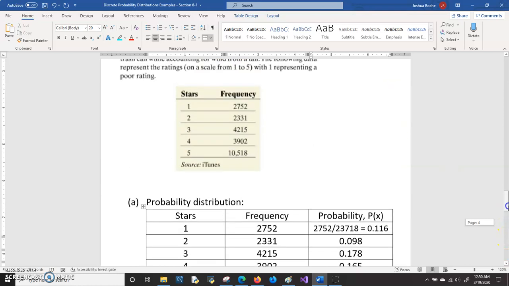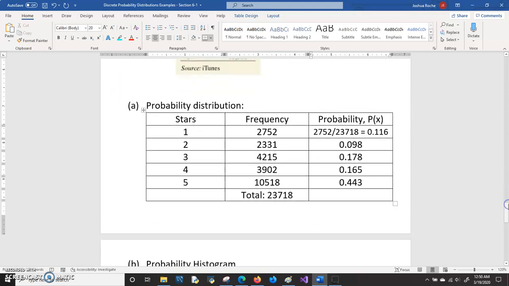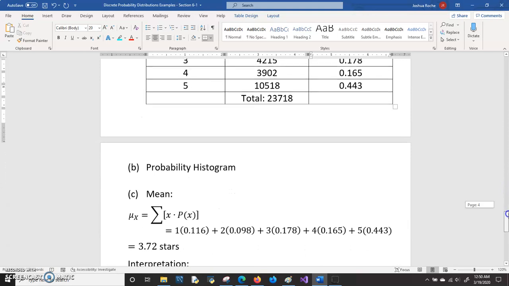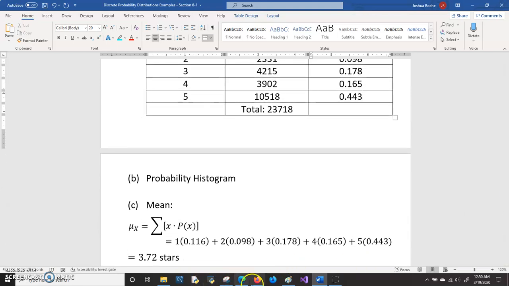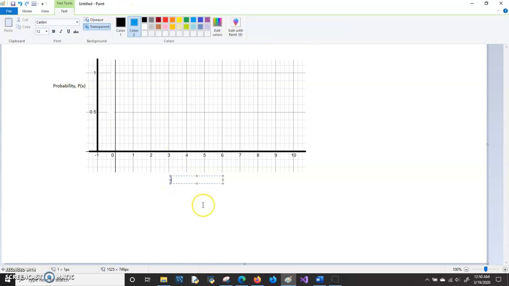In part B, the next thing that they want is for us to draw a probability histogram. Pretty similar to the last example that we did. Here's a fresh probability histogram. Label the axes, probability. The variable here is number of stars.